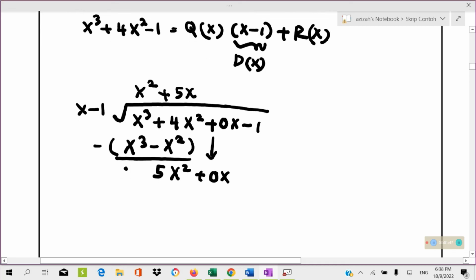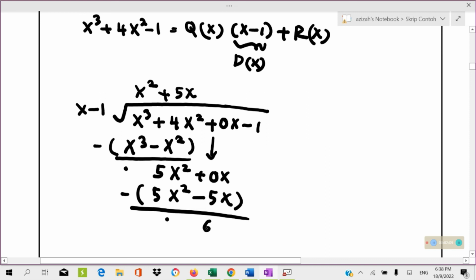So x times 5x, we get 5x squared. Negative 1 times 5x, we get negative 5x. Then the subtraction: we get 0, and 0 minus negative 5x gives 5x.